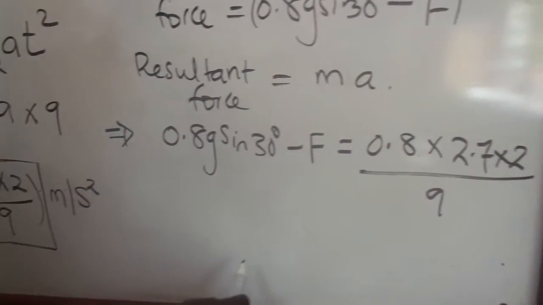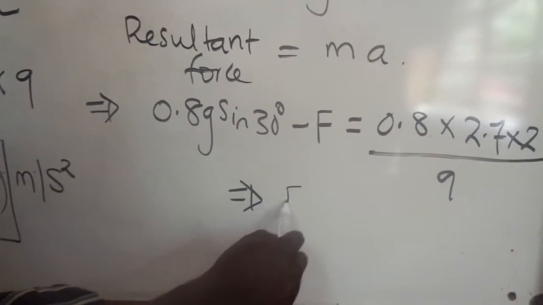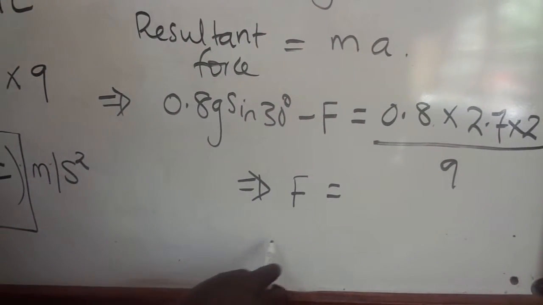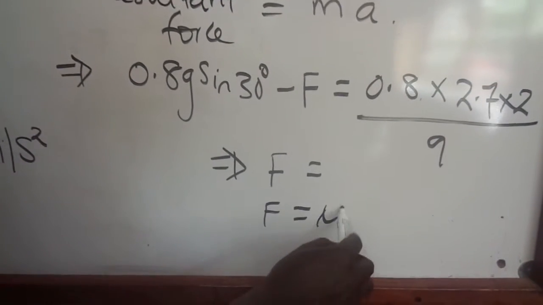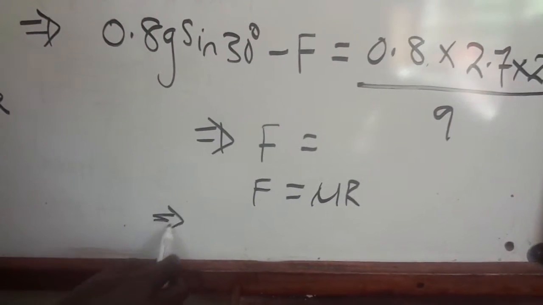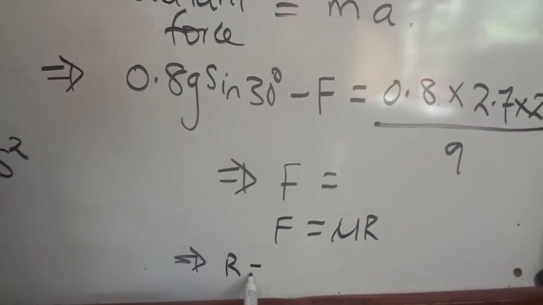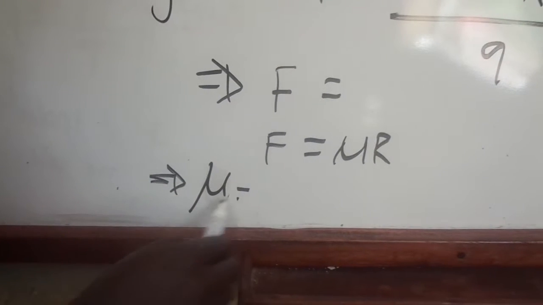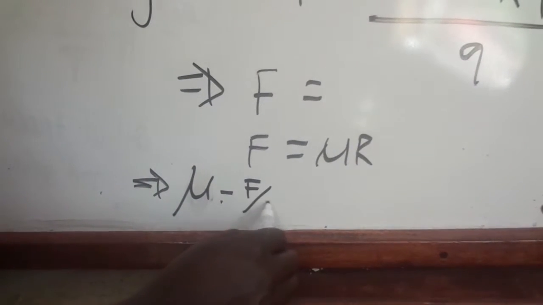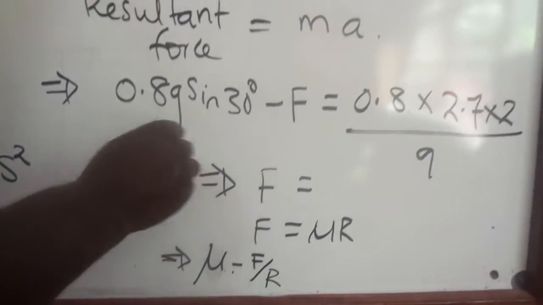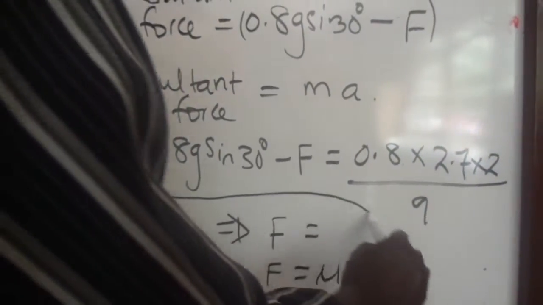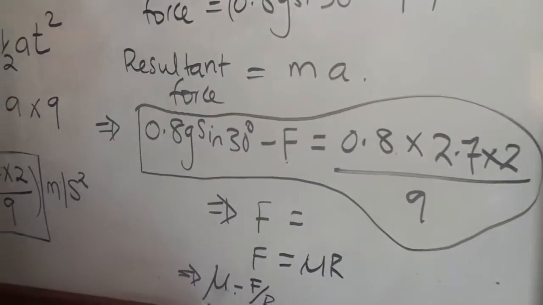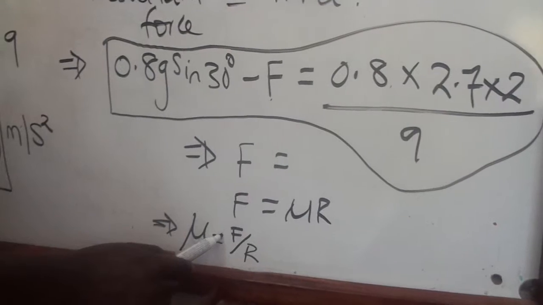From here, I can find the value of F. Once I get the value of F, I will use F = μR, so μ would be F divided by R. I have obtained the value of F from this expression.